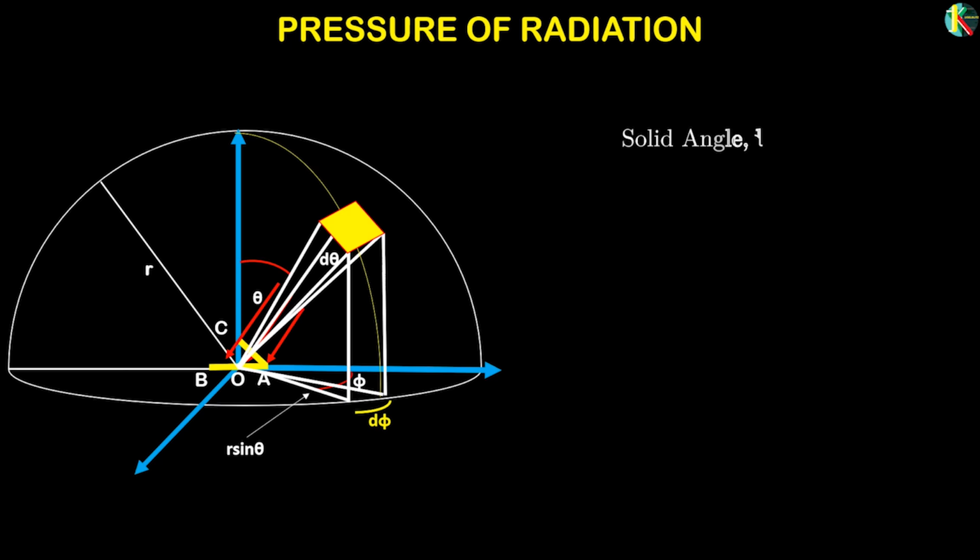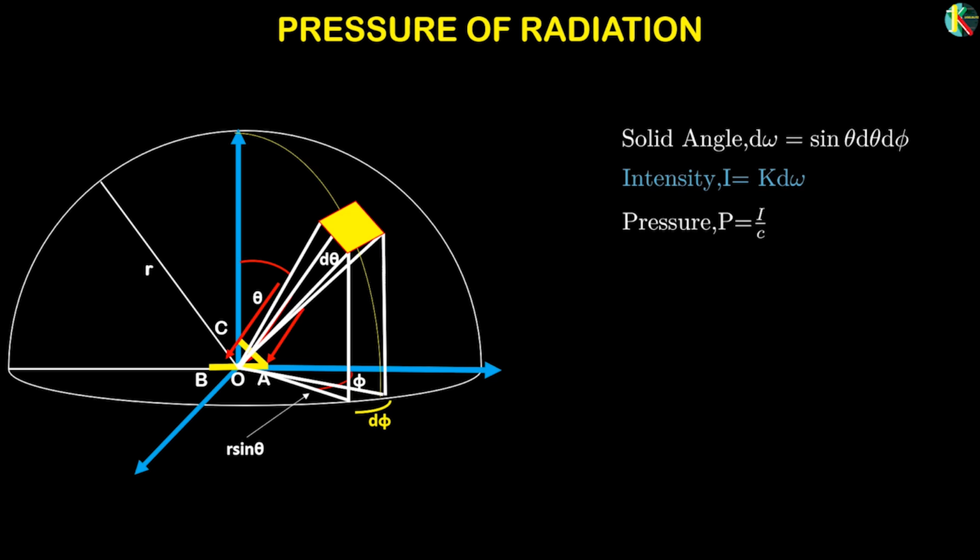Now, to derive the pressure which is exerted by this radiation, we consider a surface AB on which radiation is incident in a direction O with the normal to AB. The intensity of radiation in the enclosure due to the radiation coming from the direction enclosed in a small solid angle d omega is k d omega. We know from Maxwell's work that radiation pressure is given by the ratio of intensity and velocity of light.